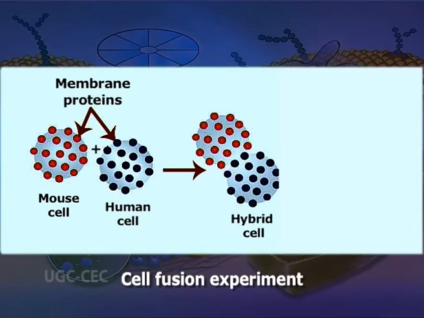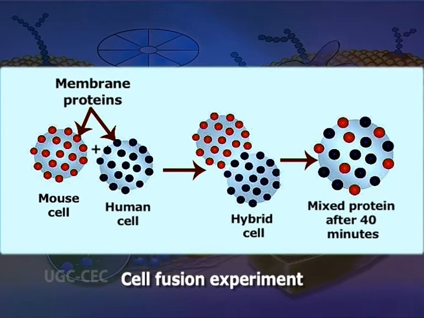When the cells were first fused, the membrane proteins from the mouse cell were localized on one half of the plasma membrane of the hybrid cell, whereas those from the human cell were restricted to the other half. In a few minutes, however, the proteins from the two parent cells began to intermix, and within 40 minutes they were randomly distributed in the plasma membrane of the hybrid cell.